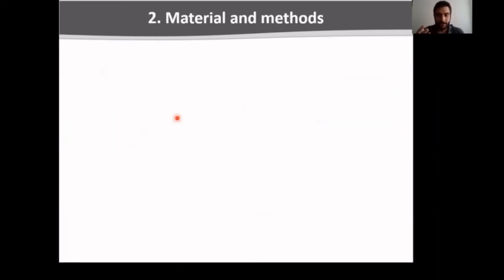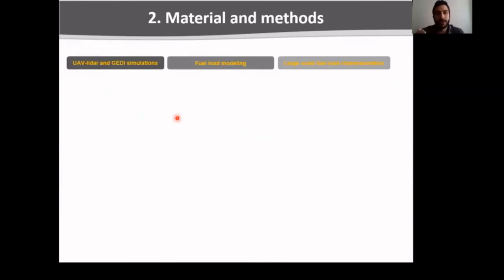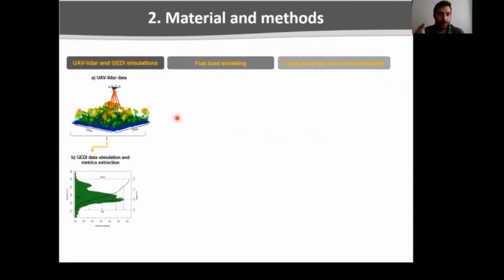I'm going to give an overview of our methods and then go into detail on each part. It's basically divided into 3 parts, where we first surveyed our area with a UAV LiDAR system, getting discrete return point clouds, and from them we simulated JEDI full waveforms.